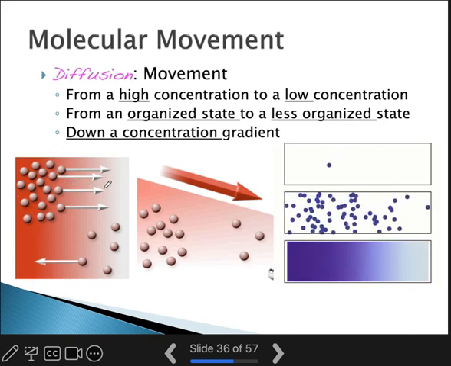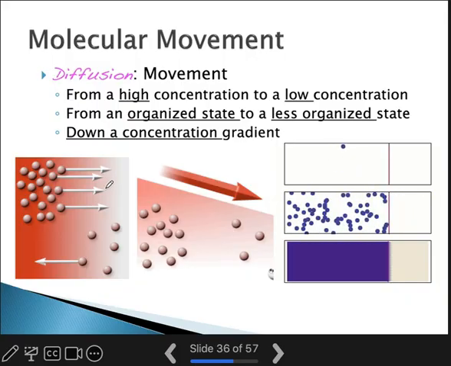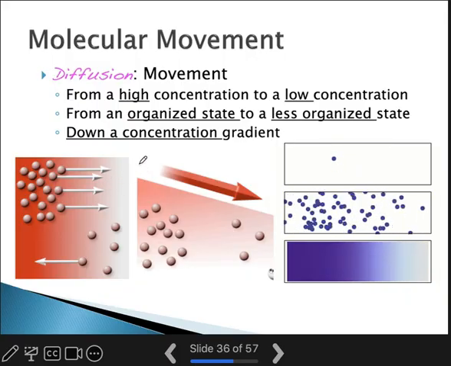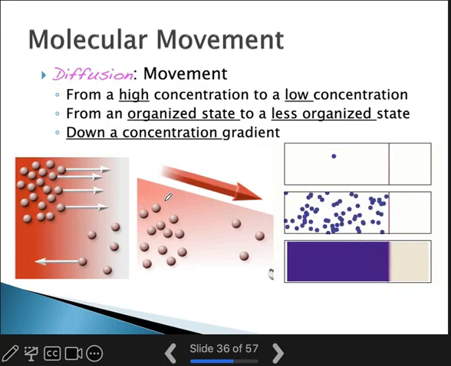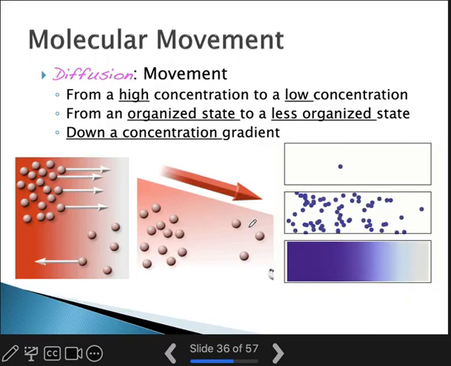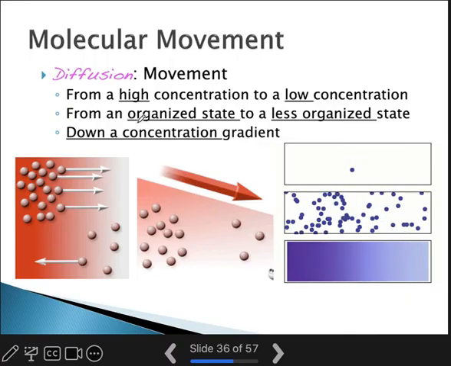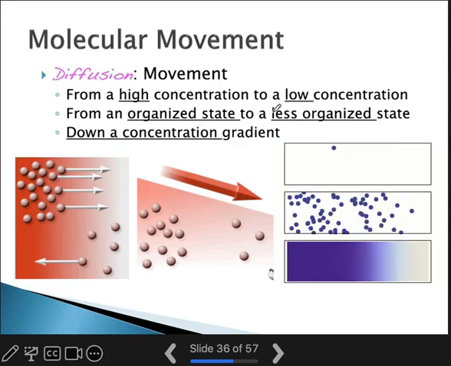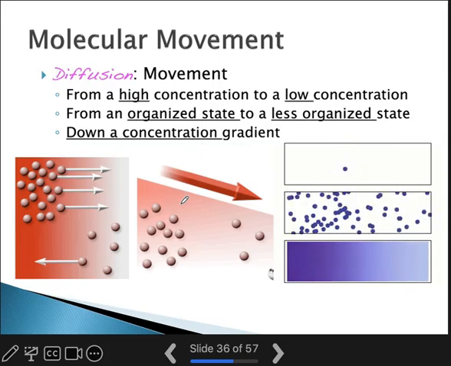There are many ways to define diffusion. That's one. You can say diffusion is the movement of particles down their concentration gradient. So again, from where there are more of them to where there are less of them. You can also say, in the context of entropy, from where they are more organized to where they're less organized. So this is just a natural phenomenon of all matter.